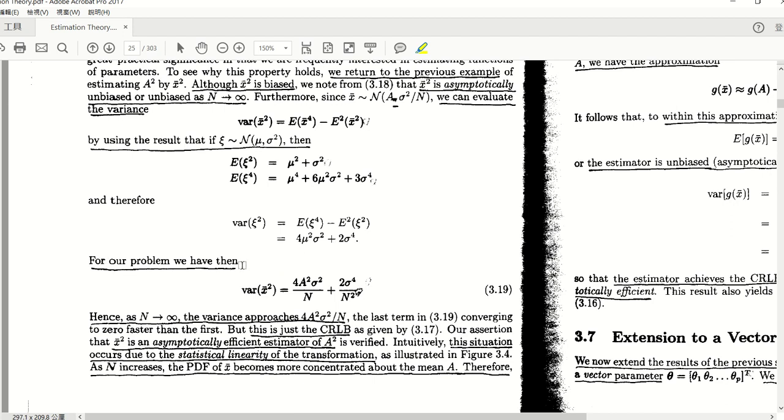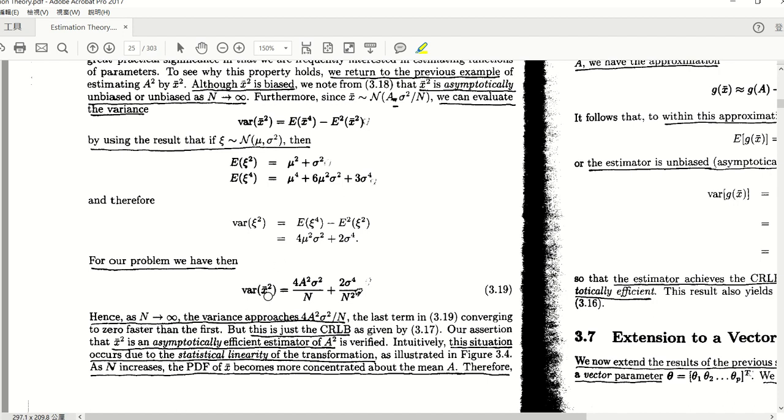For our problem, then, we have the variance of x bar squared equal to 4a squared sigma squared over n. How come? Because we are using this equation, and x bar is what? X bar plays the role of c here, and c has a Gaussian distribution with mu and sigma squared.